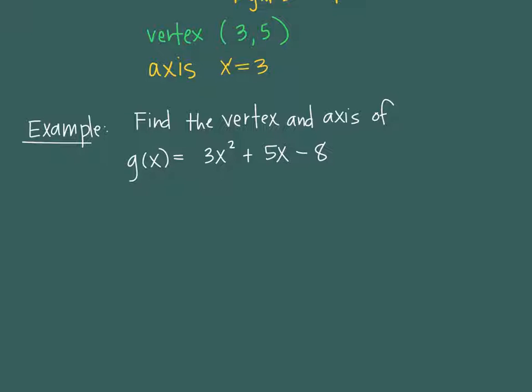All right, what can I tell about this parabola? Is it going to be an upside down or a right side up parabola? This one's right side up. I can tell that pretty easily because of the number 3.